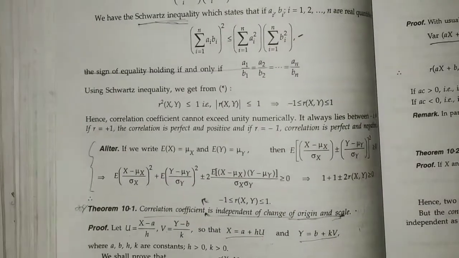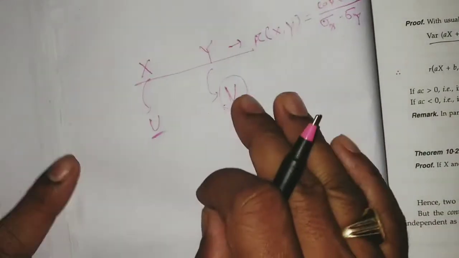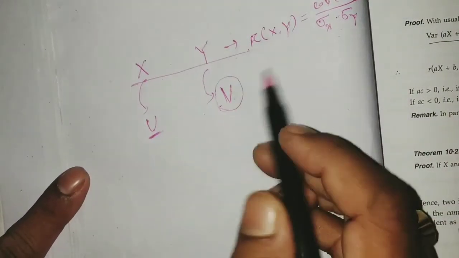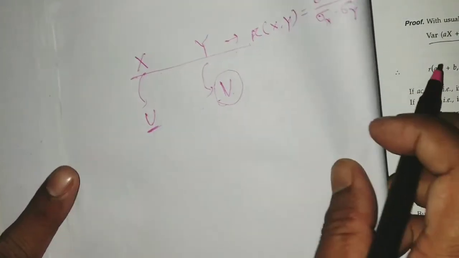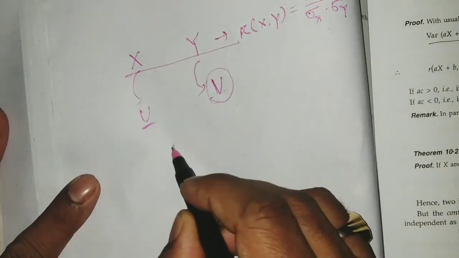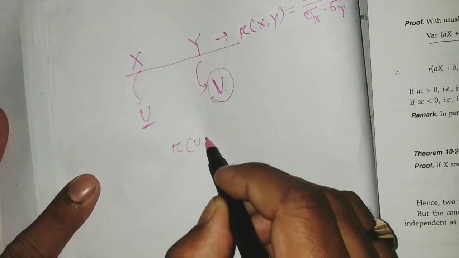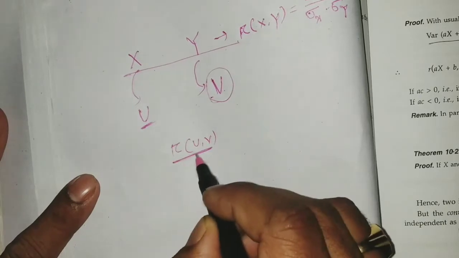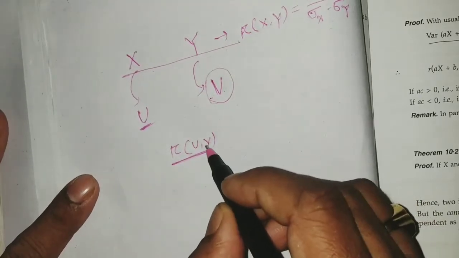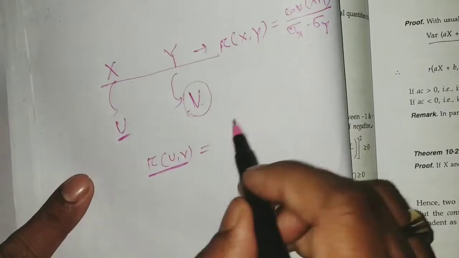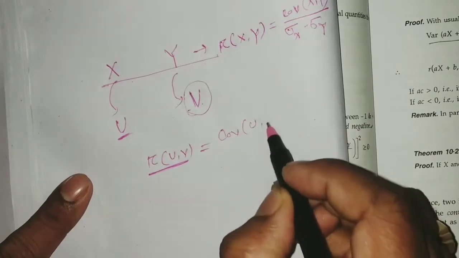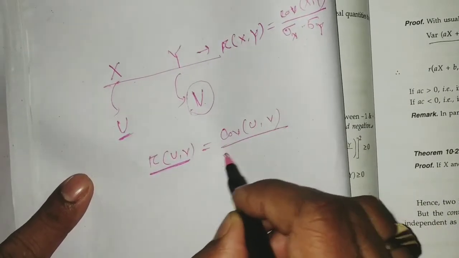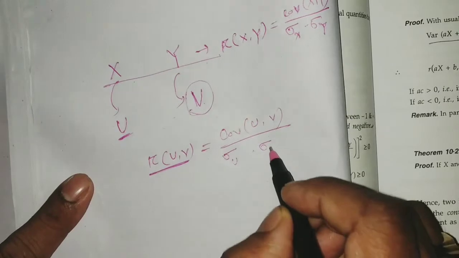Okay, so likewise if x and y have been transformed to u and v by changing the origin and scale, then r of u v, that means the correlation coefficient of u v, will be the covariance of u v divided by sigma u into sigma v.